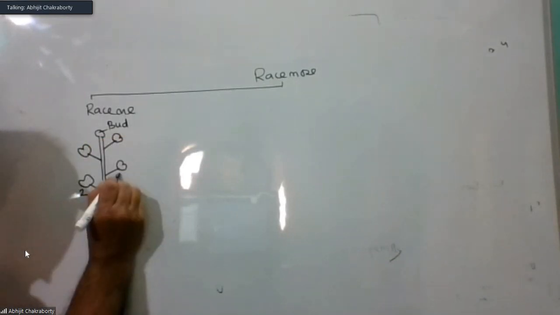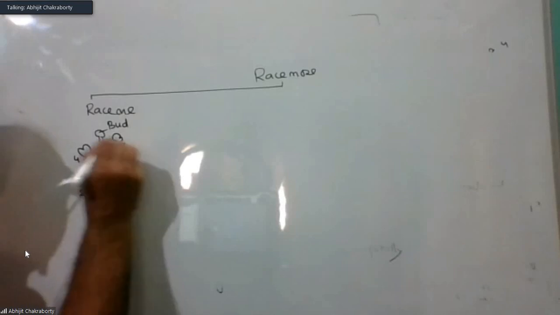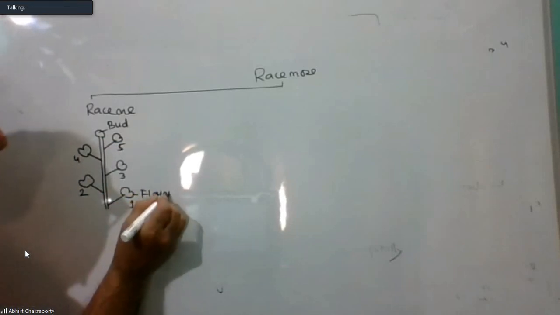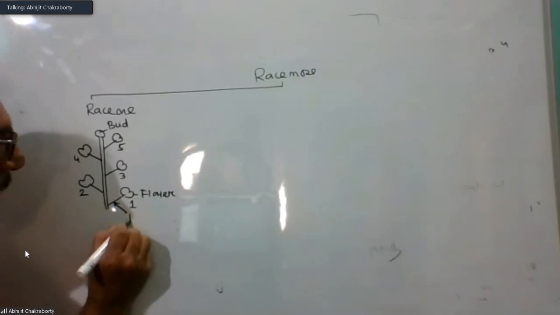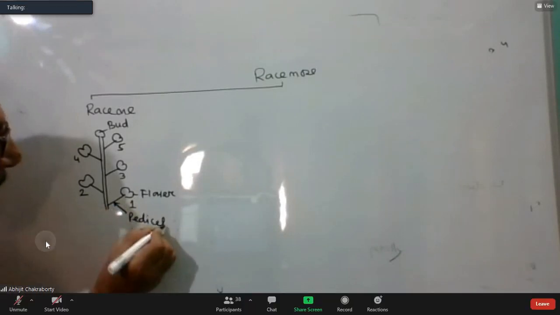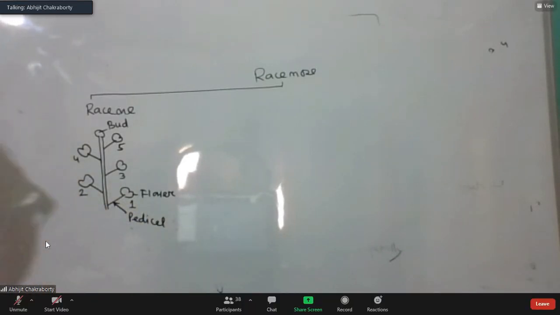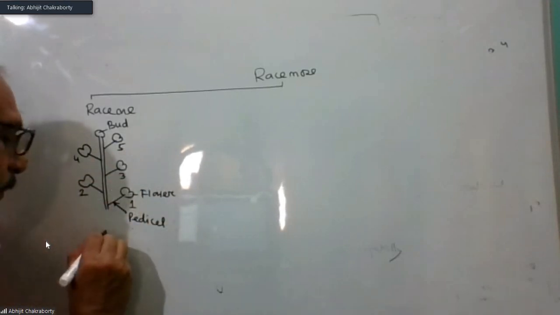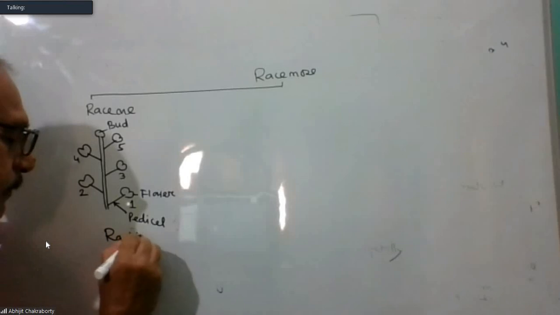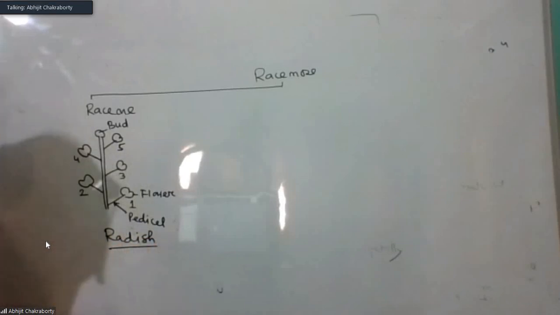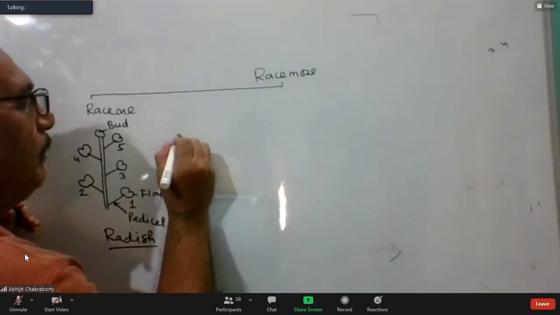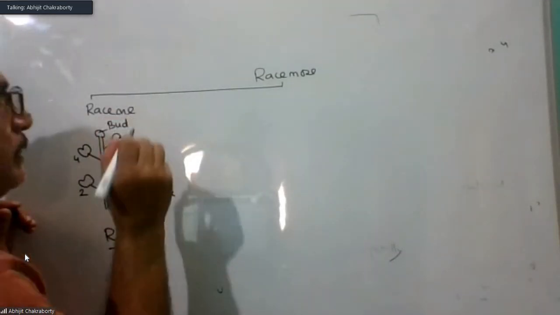First, second, third, fourth, fifth. These are the flowers. And this is called the pedicel. So here you have raceme, found in radish. It is actually called a simple raceme.